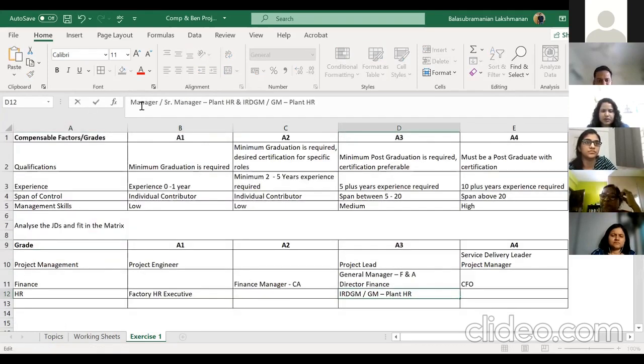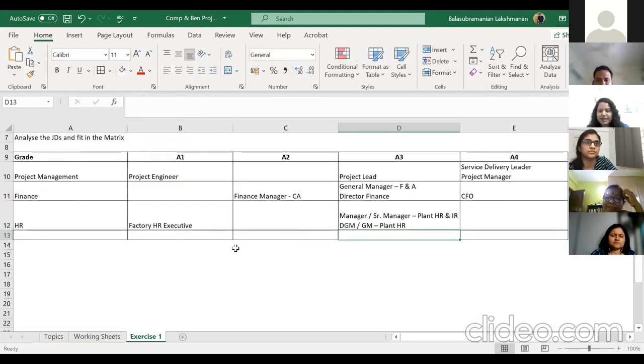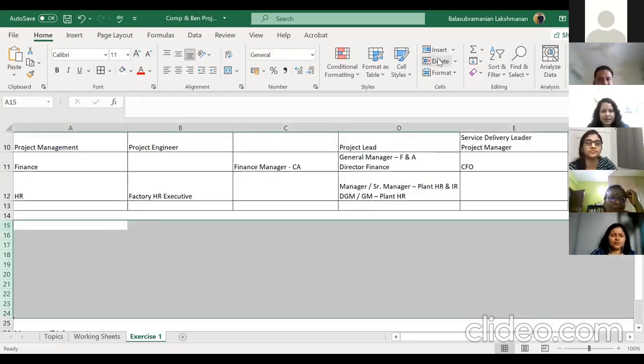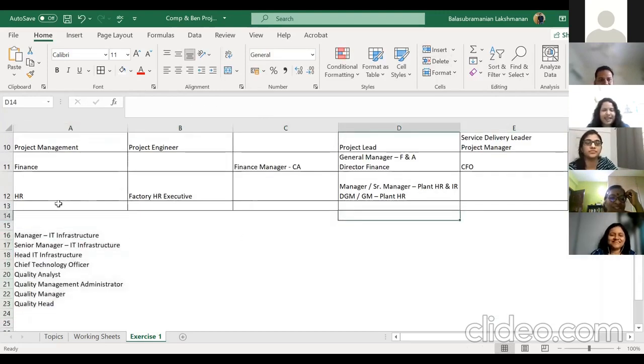Guys, hasten up. Quick. Just one more function is pending. No, 2 more. Okay. IT infrastructure and quality. IT infrastructure, qualification. So here we have CTO. CTO will be A4. Yeah.